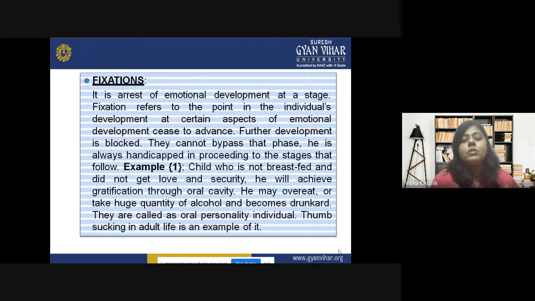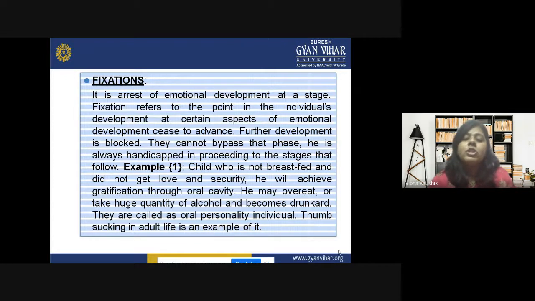Now, fixation. It is an arrest of emotional development at a stage. Fixation refers to the point in the individual's development at which certain aspects of emotional development cease to advance. Further development is blocked. They cannot bypass that phase. He is always handicapped in proceeding to the stages that follow.